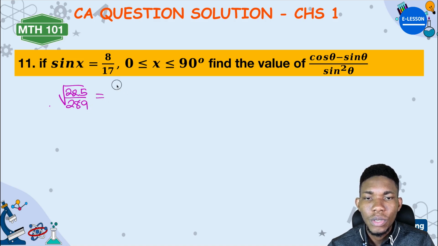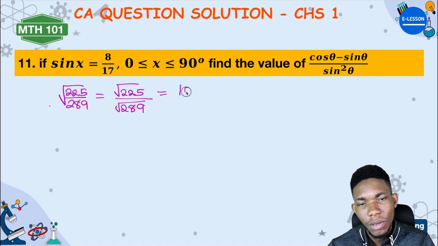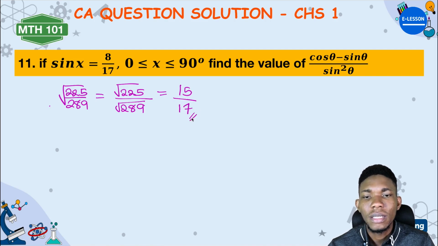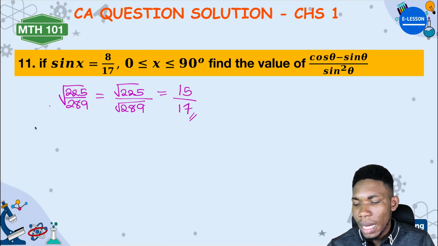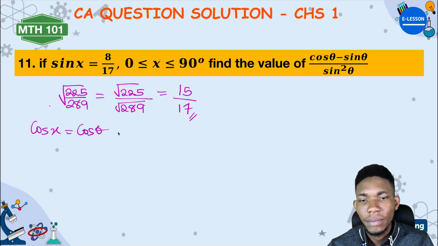Now this can also be written as root 225 all over root 289. Root 225, my dear student, that will give us 15. Root 289 will give us 17. So it means that our cos x, which in this case is also cos theta, is 15 over 17. Is that okay?